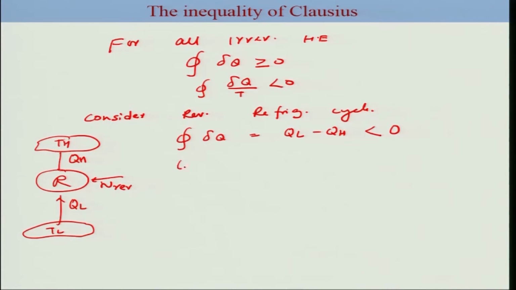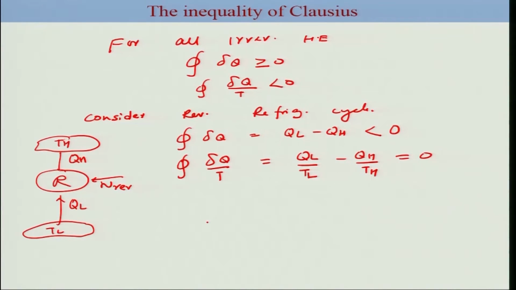Okay, and what about delta Q by T? For the reversible, as we already discussed, based on the Kelvin temperature scale, for the reversible cycles, this should be equal to 0.